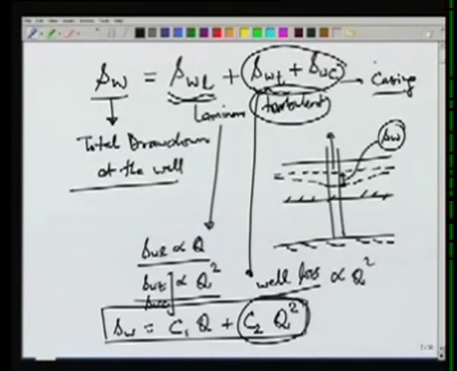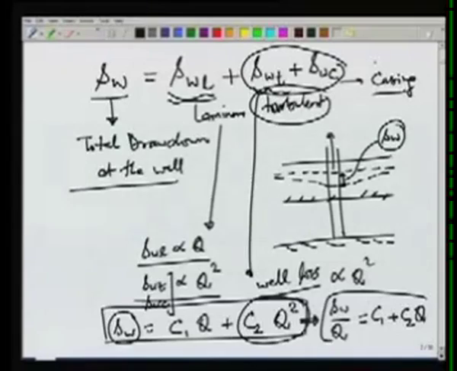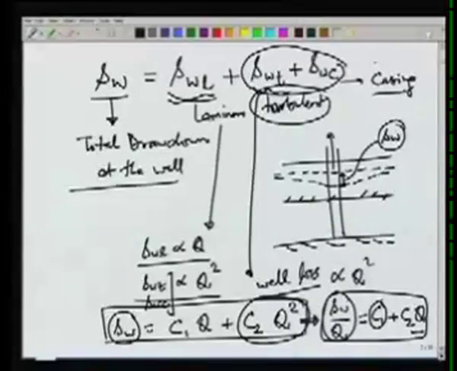To find out these constants C1 and C2, we can pump the well at different rates and note down the drawdown at the well. And we can write this also as SW over Q equals C1 plus C2 Q, which indicates that if we plot SW over Q versus Q, we would get a straight line, and the intercept will give us C1, the slope will give us C2.